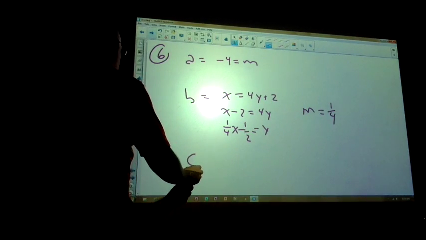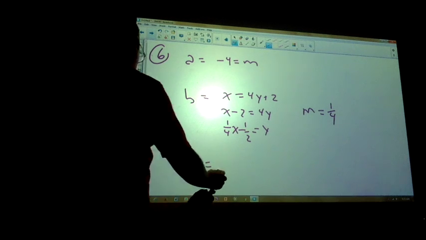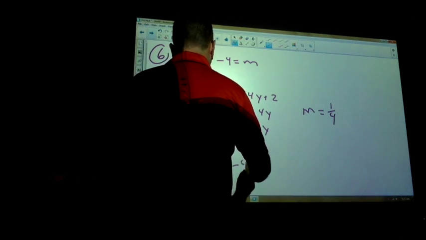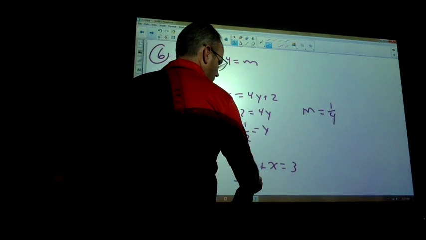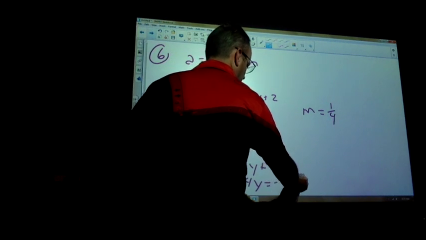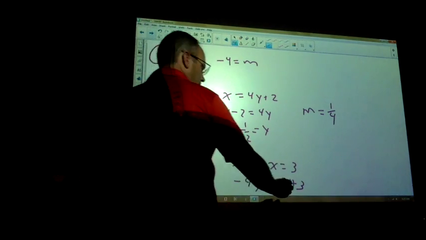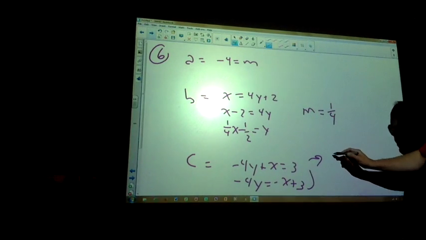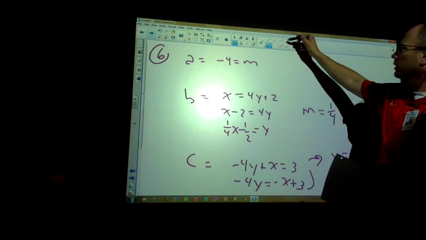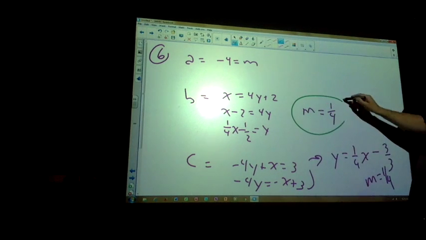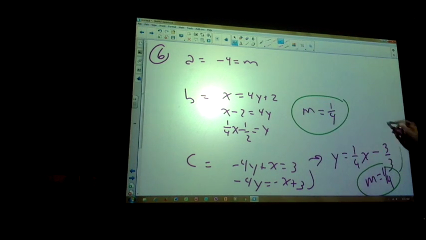And then letter C, I'm going to work this out. Negative 4y equals negative x plus 3. Divide everything by negative 4. It's 1/4 x minus 3/4. So this has a slope of 1/4. Okay? So this and this are parallel.